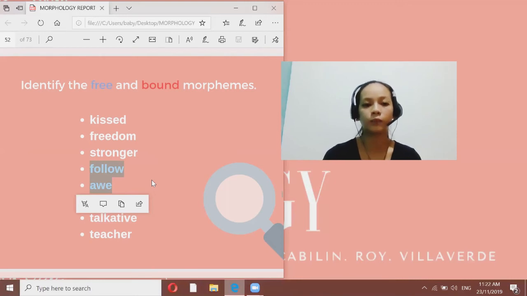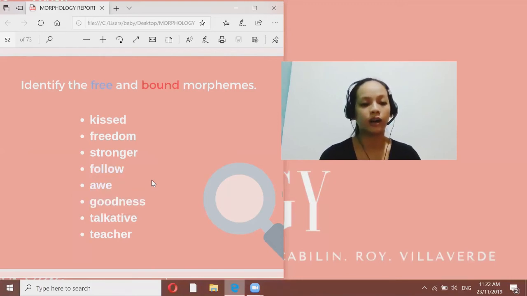So we did not put any bound morpheme with them. Goodness uses the free morpheme good. Talkative has talk as its free morpheme, and teacher has the free morpheme teach. So the rest are bound morphemes.